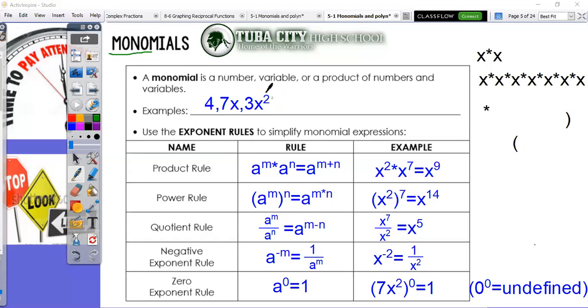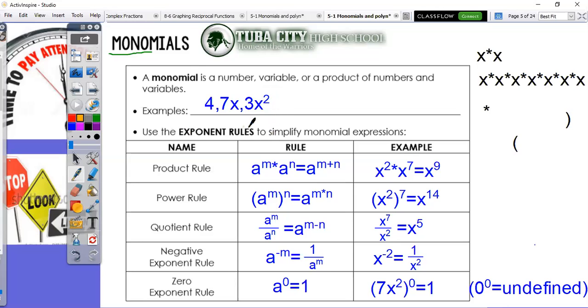Even though there are several things here, this only counts as one term. Way back in the beginning of the semester, we were reviewing basic operations with math, and a term, as I described it then, was anything separated by a plus or a minus. That's a simpler way of thinking about it. But again, these 3 things here are monomials.